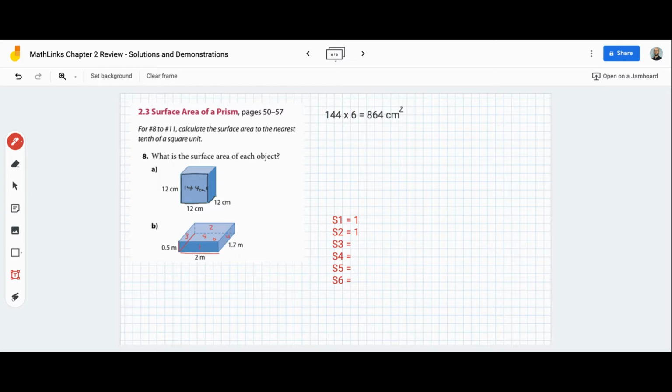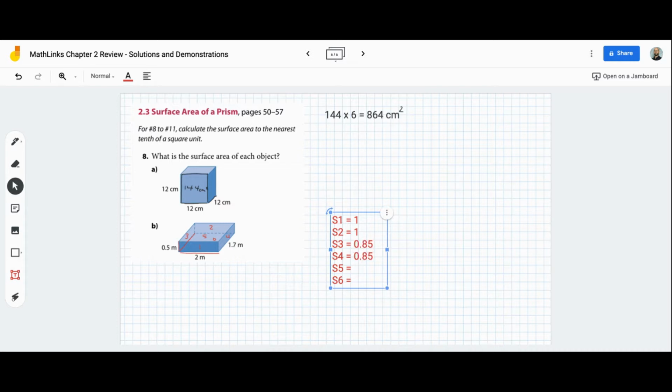And I hope my calculator shows up on the recording, but that is going to give us 0.85. So these two are going to be 0.85. Sorry about that.